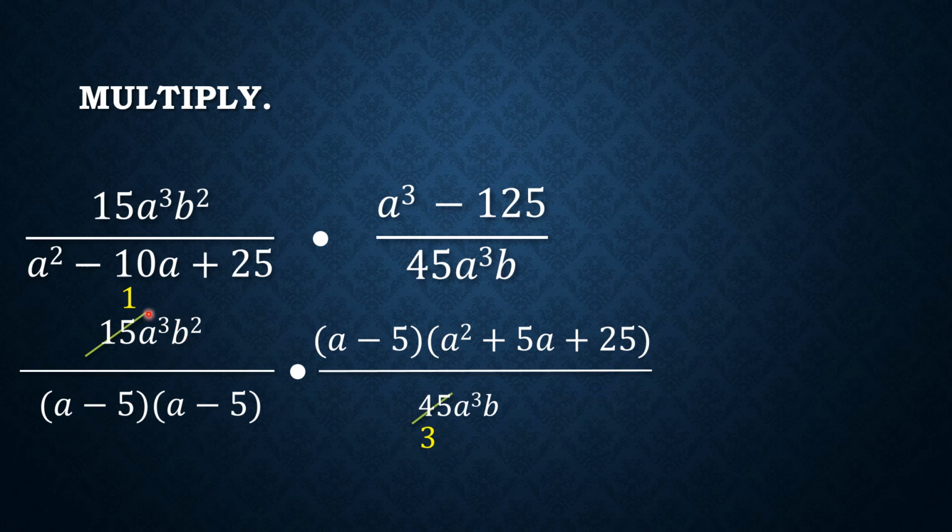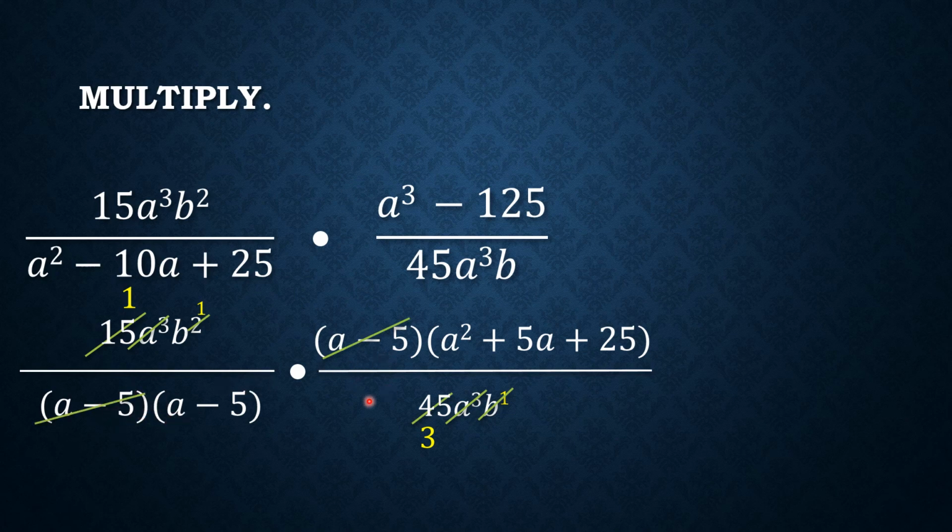Next, we have a cubed, we have a cubed. Same expression, so makakancel lang yan. B squared and b. B has a denominator of 1, so subtract lang natin, and we will still have b raised to 1 sa taas. Okay? Next, a minus 5 and a minus 5 cancel.